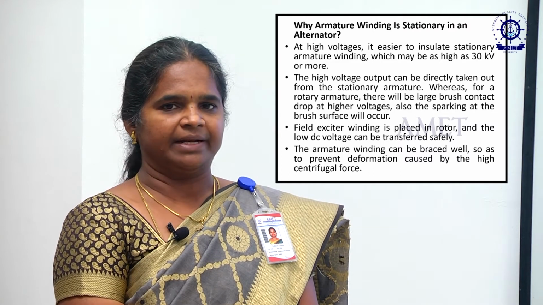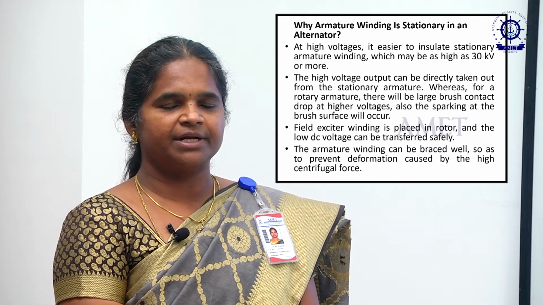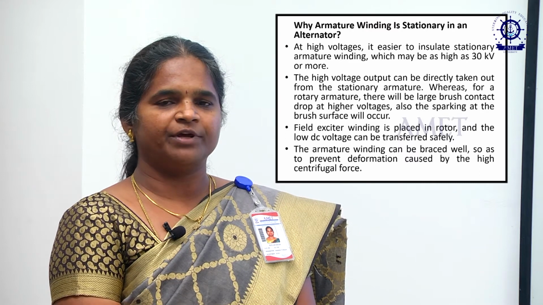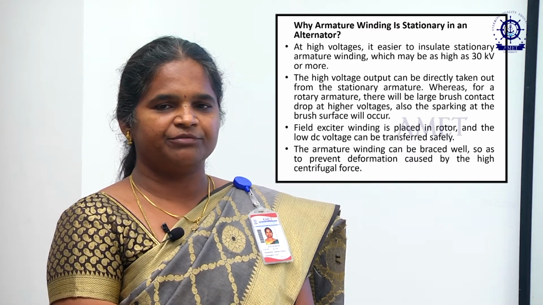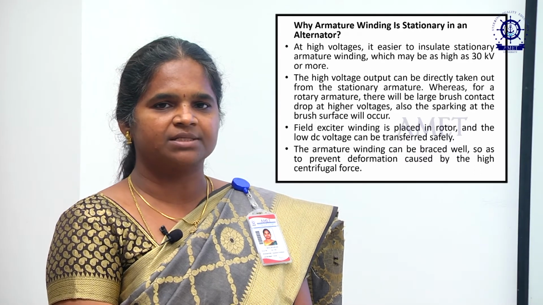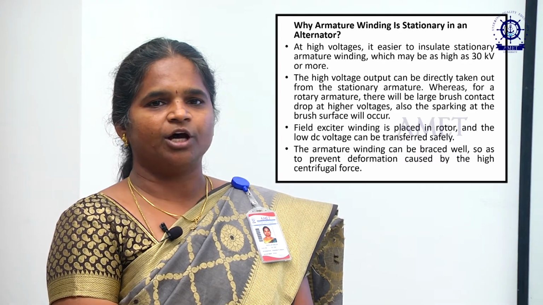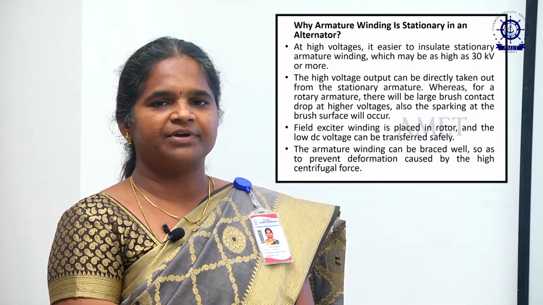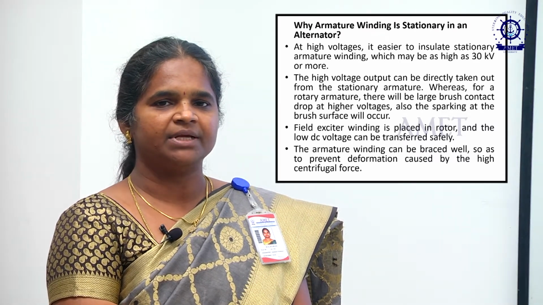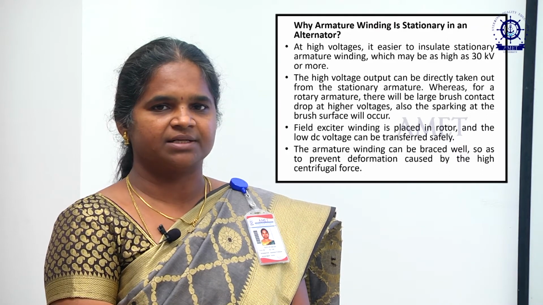That is also eliminated. And we know very well that EMF is always induced in the armature conductors. Since the armature conductors are placed in the stationary outer part, it is very easy to tap the supply from them.